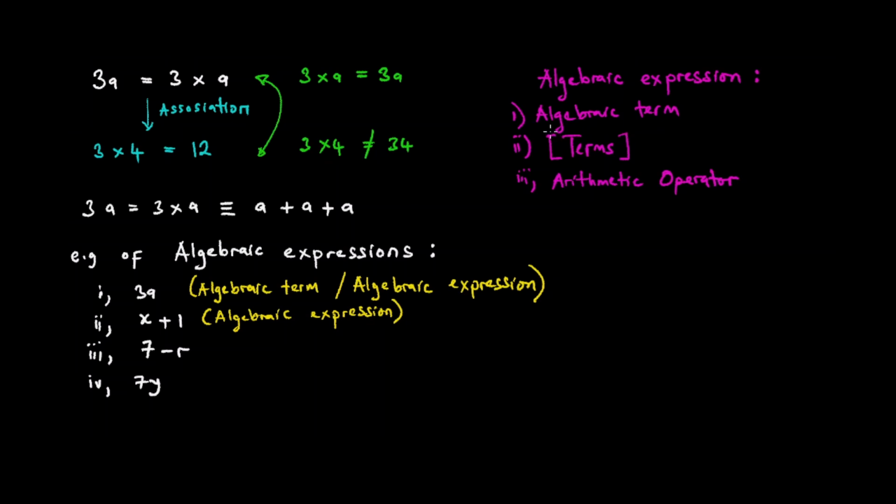But dzimwe nguva we have just terms which are just real numbers. Saka tikauya tikada kuongorora zvaitika pano, tinoona kuti algebraic expression yedu yagadzirwa nechi, uyu x uyu ndiye anenge ari algebraic term, then plus arithmetic operator 1 uno uyu just a real number or just a term.